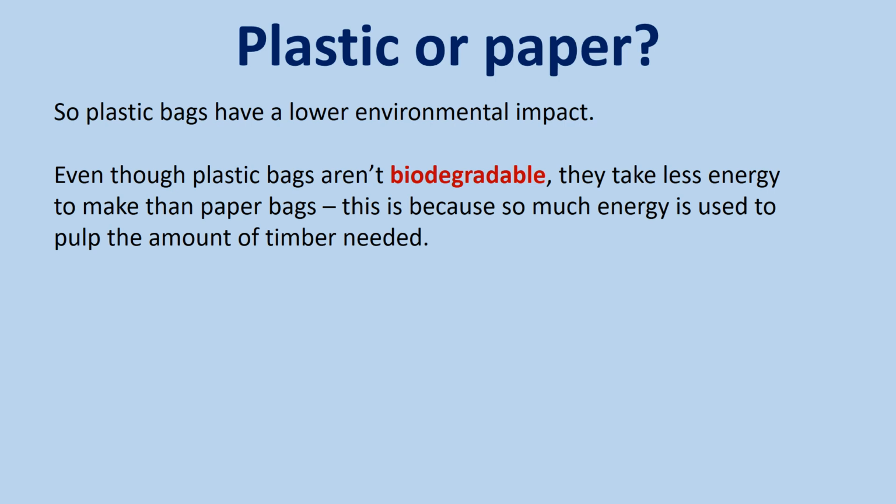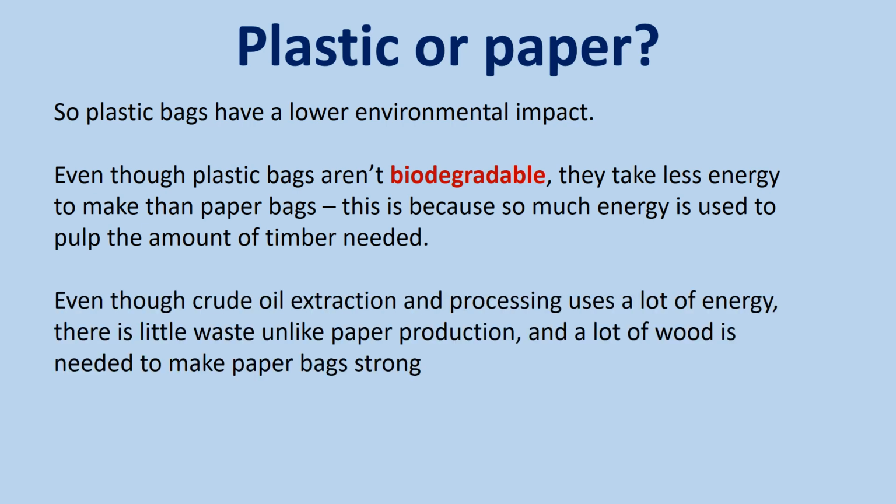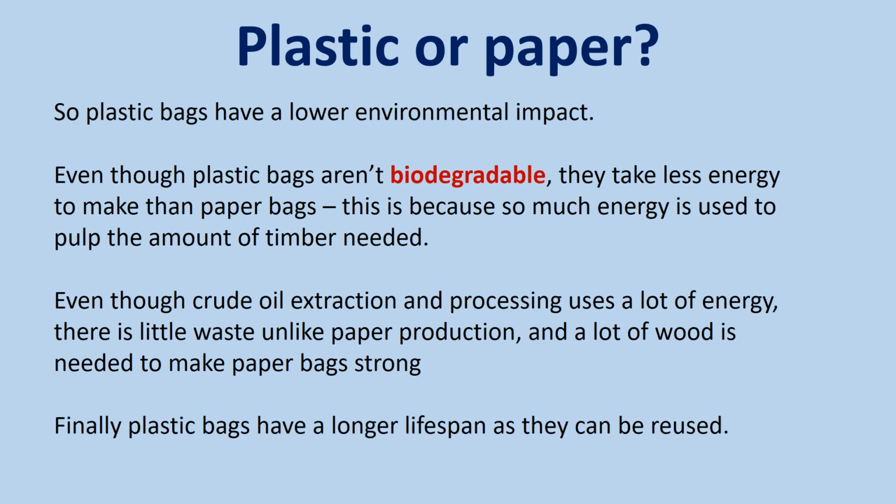Even though plastic bags aren't biodegradable, they take less energy to make than paper bags. This is because so much energy is used to pulp the amount of timber needed. Even though crude oil extraction and processing uses a lot of energy, there is little waste, unlike paper production, and a lot of wood is needed to make paper bags strong. Finally, plastic bags have a longer lifespan as they can be reused.